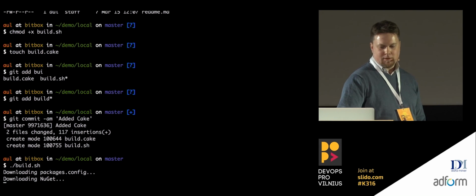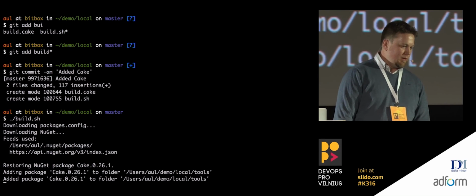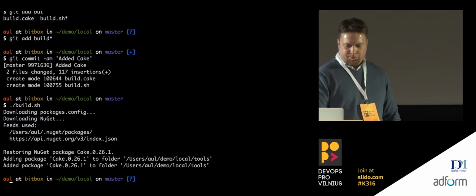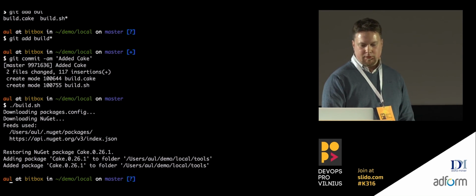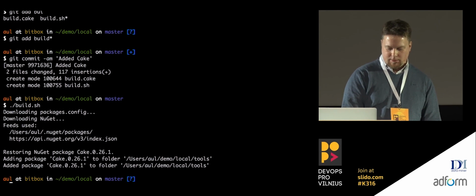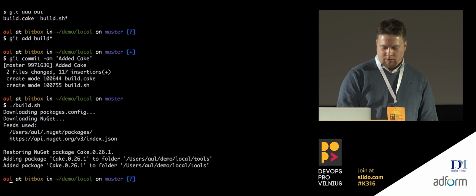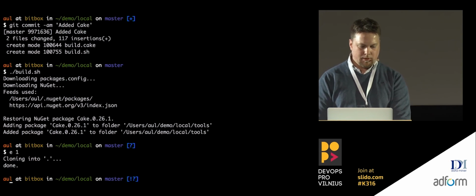If just the demo gods are nice to me and the network is working, yeah. There you can see it's downloaded Cake, and the build doesn't really do anything because it's empty. So let's continue with adding something to our build script.